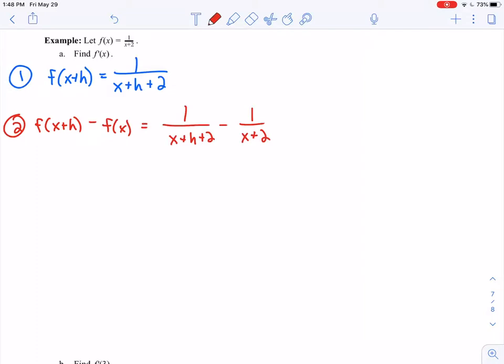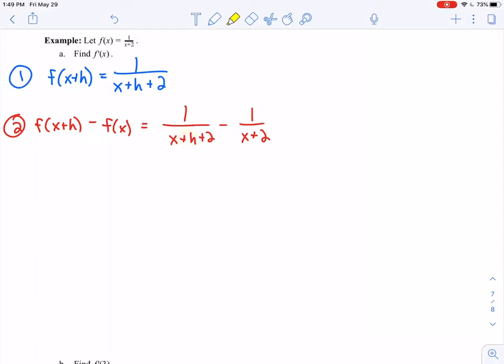I look at that, I say, boy, it would be pretty nice if we just had one fraction instead of two. And of course, we know that if we're going to subtract or add two fractions, we need a common denominator. So unfortunately, you might look at this and say, well, x plus h plus 2 and x plus 2, those are pretty similar already, right? Can't I just take out the h or something like that? And unfortunately, because this is plus h, we're not multiplying by it, they're actually quite different.